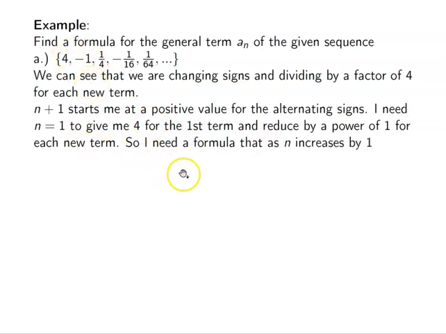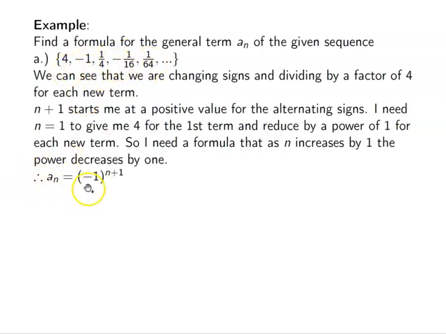So I need a formula where, as n increases by 1, the power attached to this 4 decreases by 1 each time because I'm dividing here, right? So I'm going to use negative 1 to the n plus 1 for the alternating terms, positive, negative, and then I'm going to have 4 to the 2 minus n as my power.